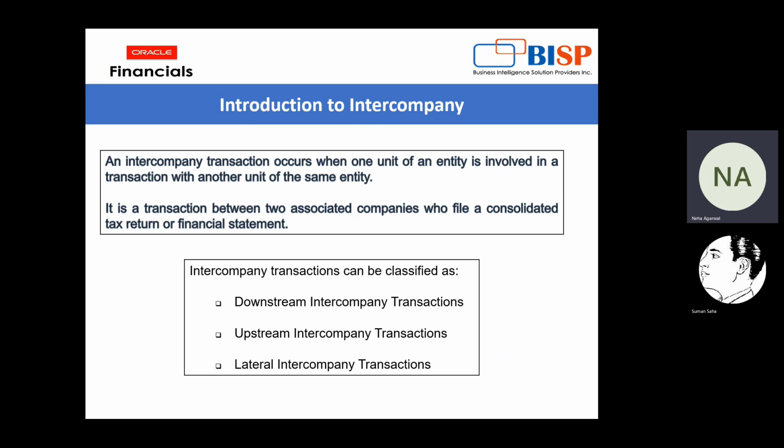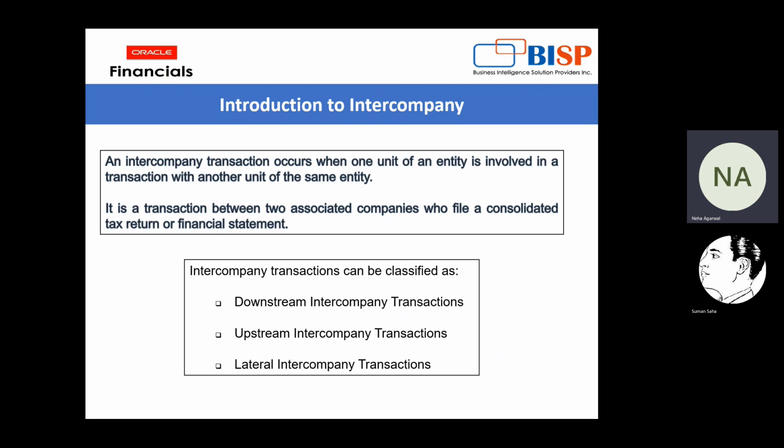These transactions might or might not be settled through cash. From the consolidated entity perspective, the transaction is initially unrealized because the unrelated parties are not involved. Therefore, intercompany transactions need to be eliminated from the consolidated financial statement.